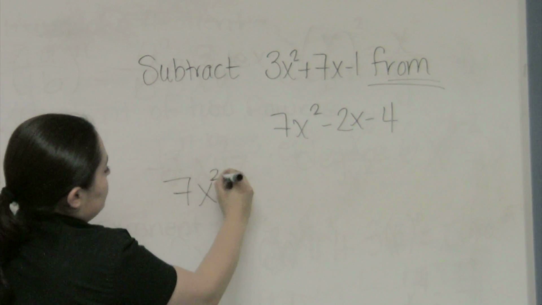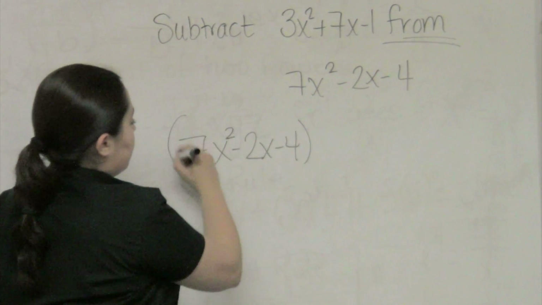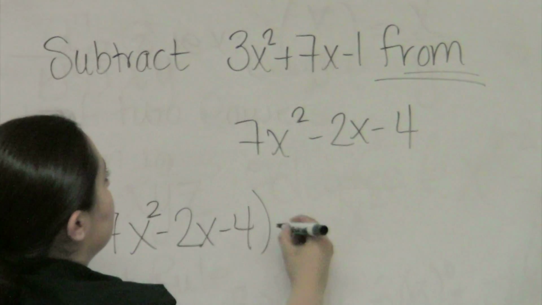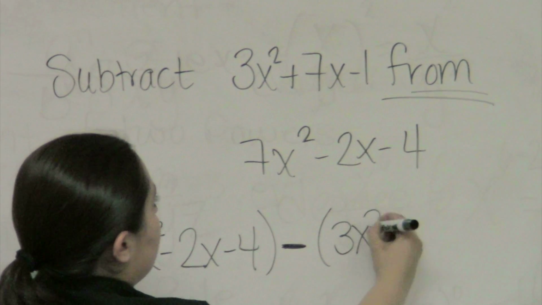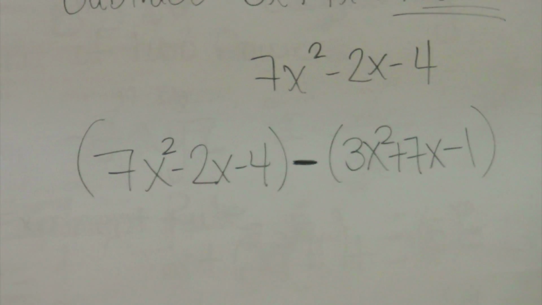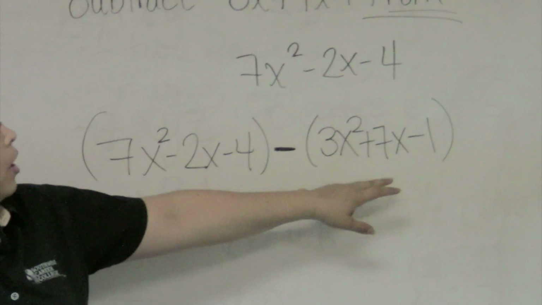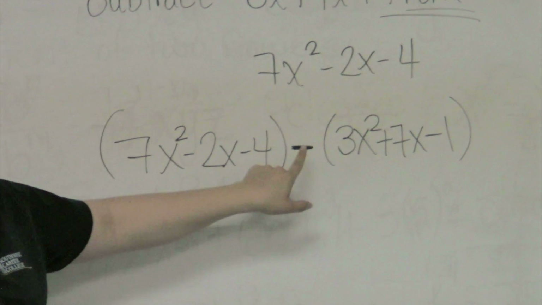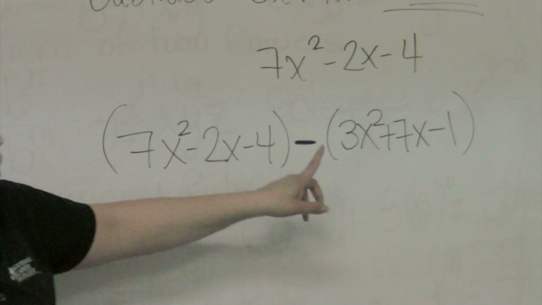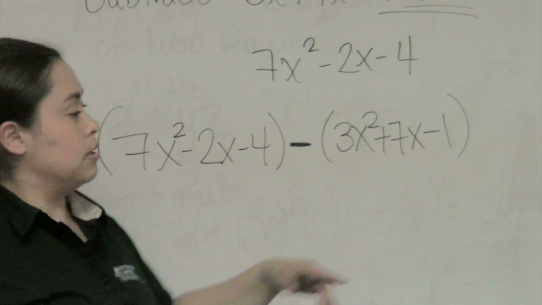So we will align 7x squared minus 2x minus 4 minus 3x squared plus 7x minus 1. Now, we have a negative sign in front of the parentheses, which means that we need to change the signs inside the parentheses.